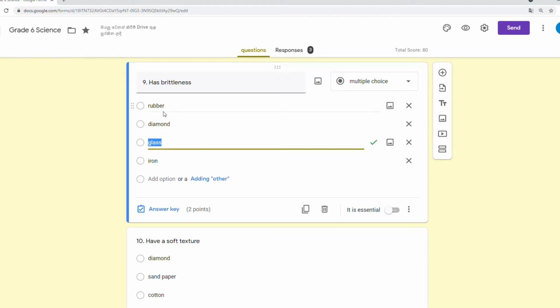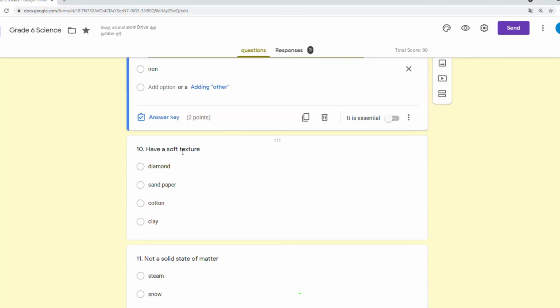But let's see the others. Rubber has an elastic nature. Diamond is the hardest substance, and iron is also hard. Likewise, you can think about the others. So, the brittleness you can see in the glass. So, the answer is the third one.